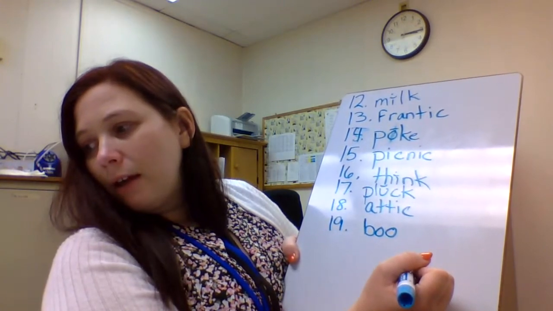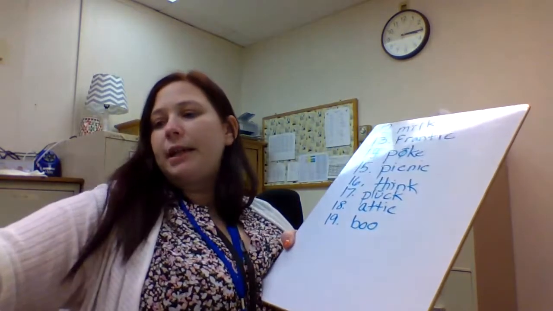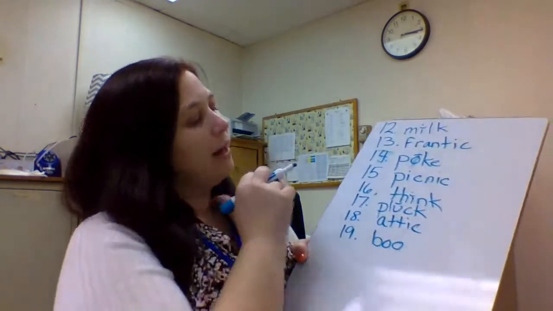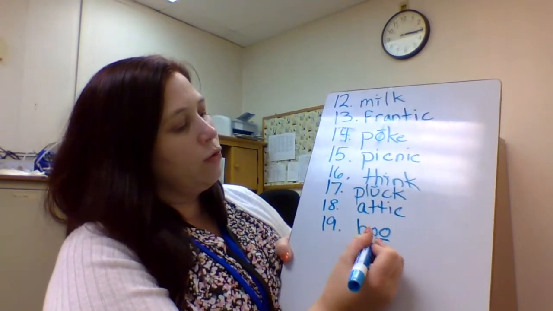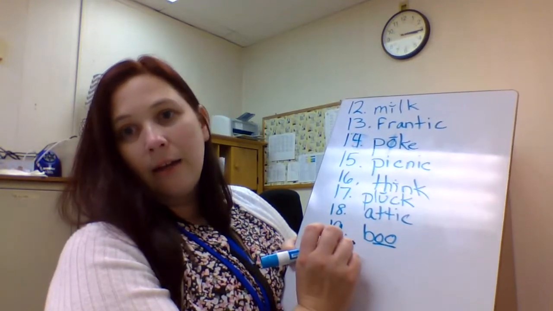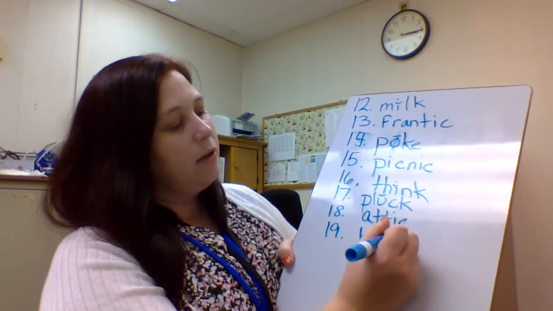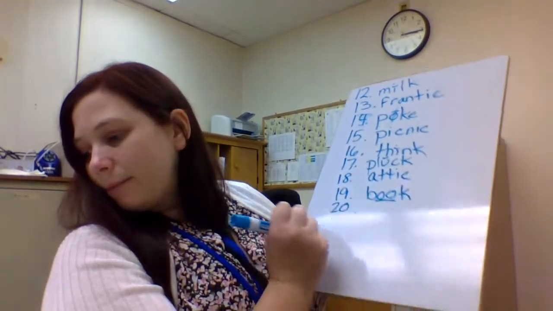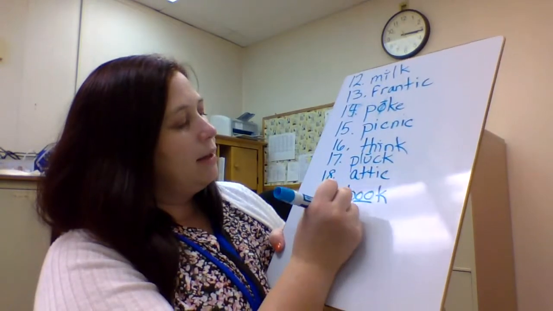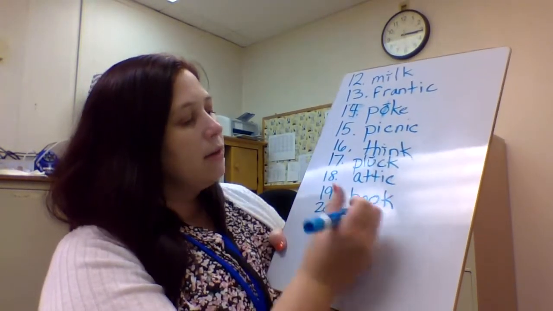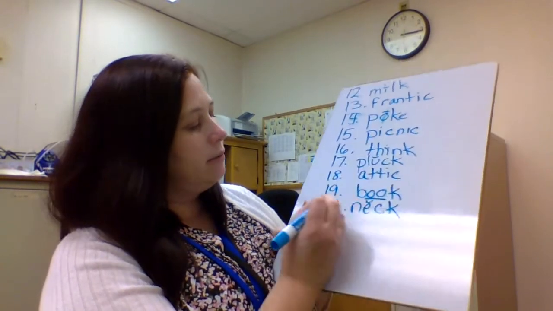What does it say about K? It says K is used after a consonant or vowel digraph. Well, we remember learning that the double O sound is a vowel digraph. So we're just going to put a K there. Number 20, neck. Again, we have the breve for the short E sound. So we're going to use CK.